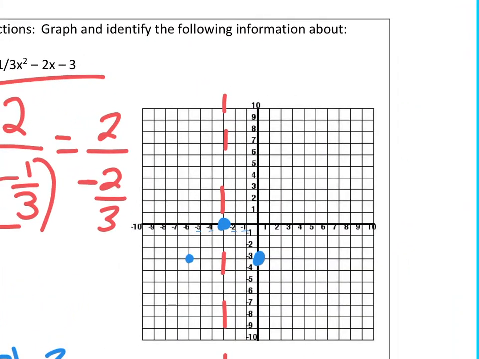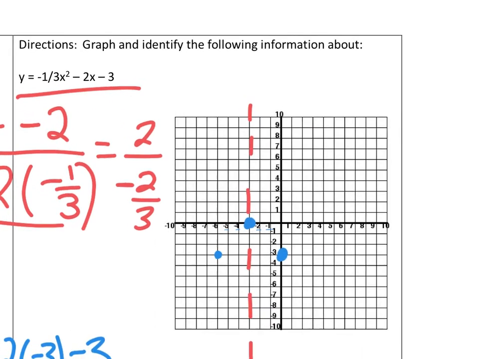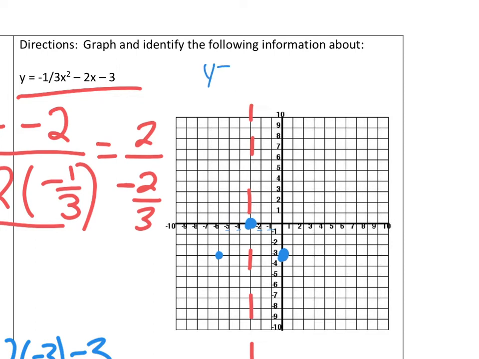So when I go up here, I'm just going to use -1. That seems easiest. So y equals -1/3 times -1 squared minus 2 times -1 minus 3.